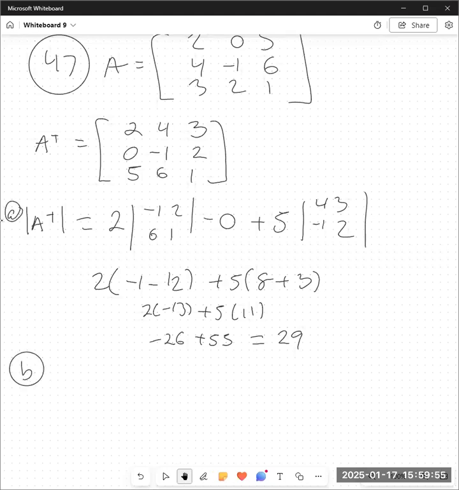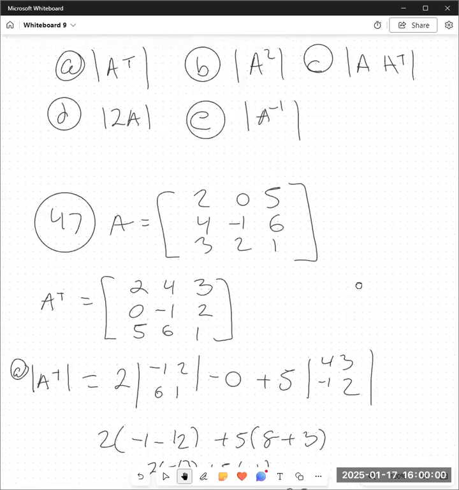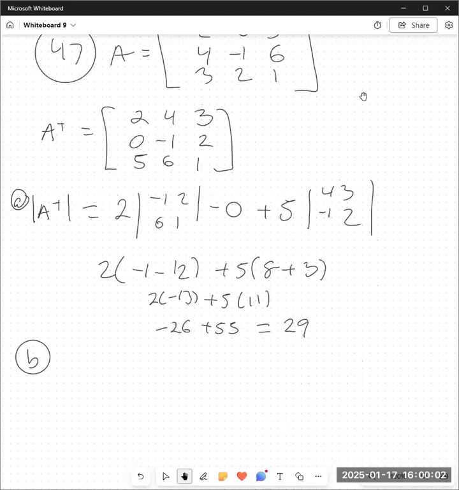B asked me to find the determinant of A squared.